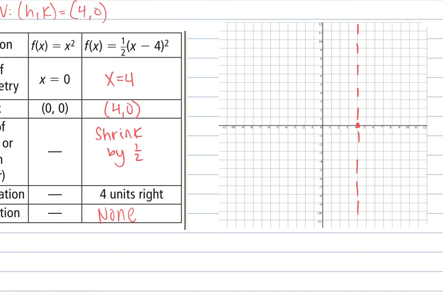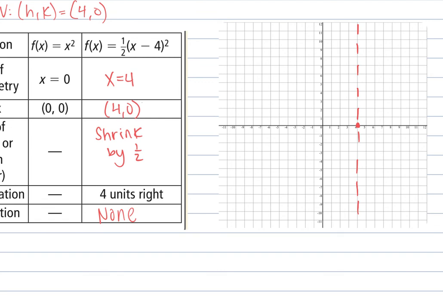Now, if I shrink a parabola by 1/2 vertically, is it going to be skinnier or wider? Ronnie? Wider. It's going to be wider, right? Imagine flattening your graph, like smushing it in a machine that shrinks it vertically.